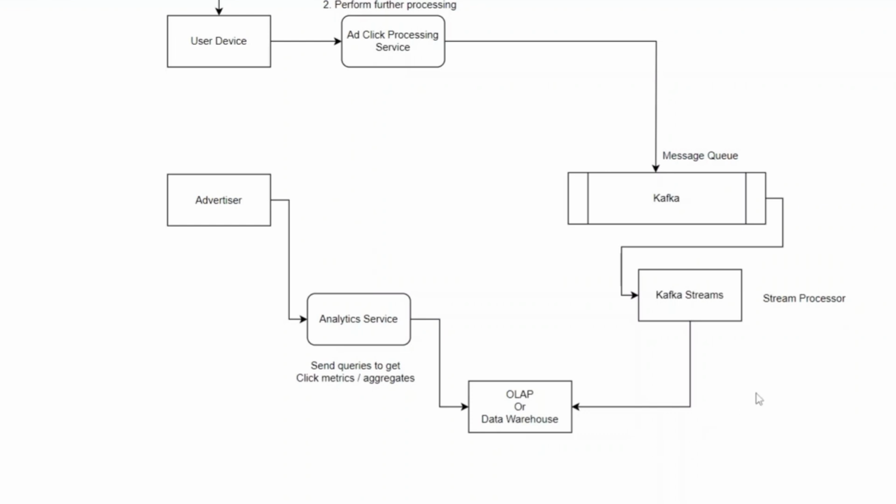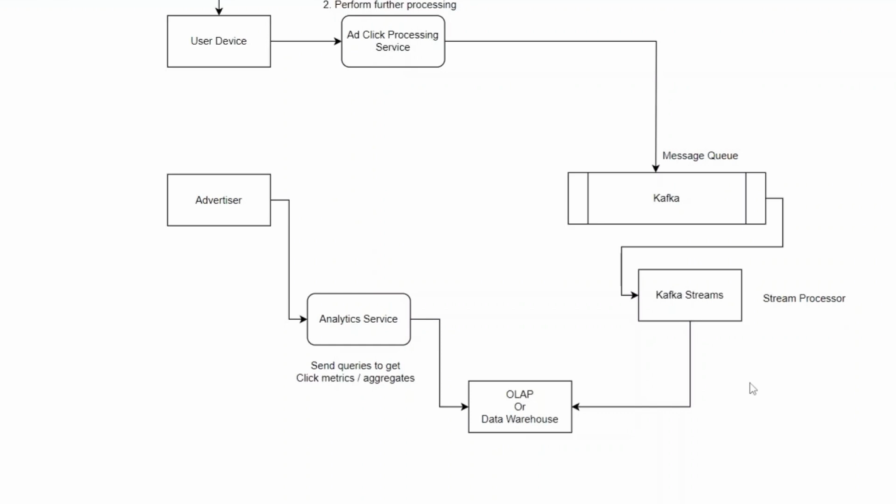What Kafka Streams actually does is perform real-time processing such as filtering, transformation, and aggregation. This layer calculates metrics like total clicks, unique users, click-through rate, and so on. So this is the job of Kafka Streams, and this gets us a real-time experience.